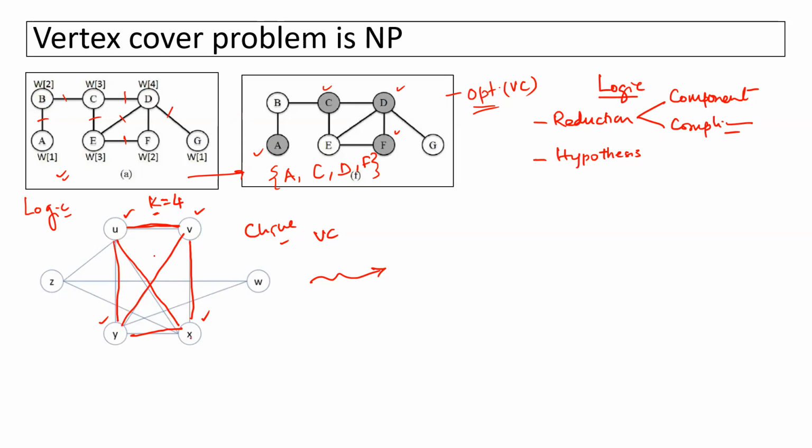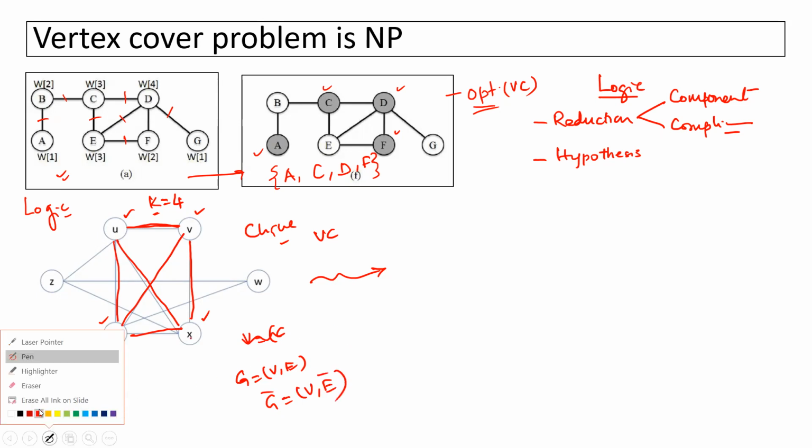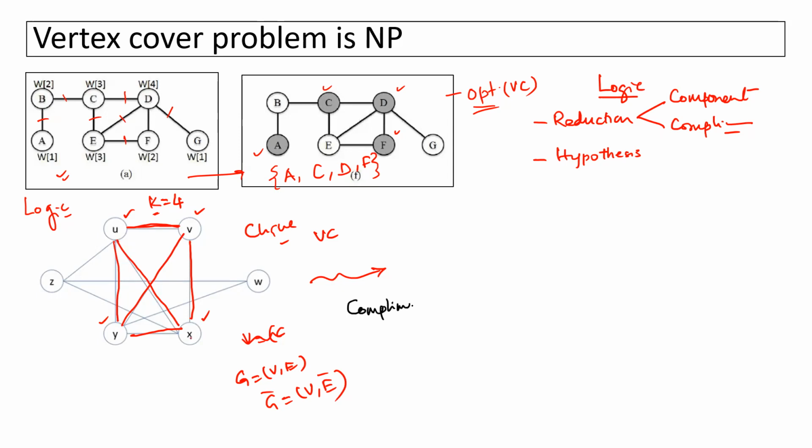Now what we are doing here is we are trying to convert this graph G equal to (V, E) into a complement graph, which is G bar equal to (V, E bar). What is a complement graph? A complement graph is a graph in which the vertices of the given graph remain as they are.